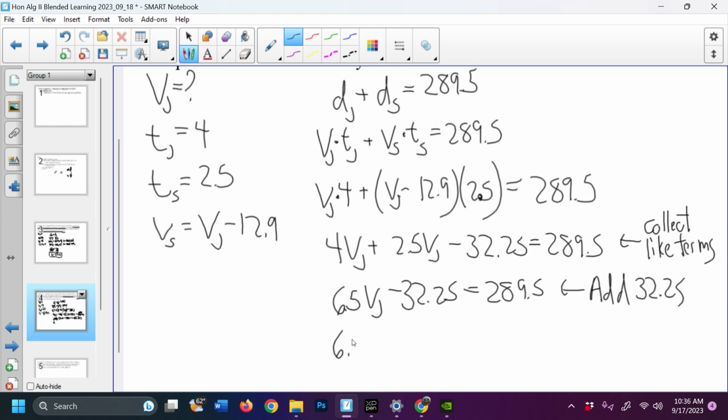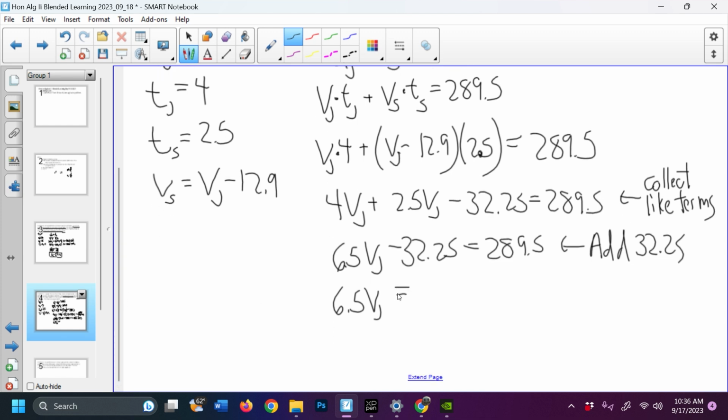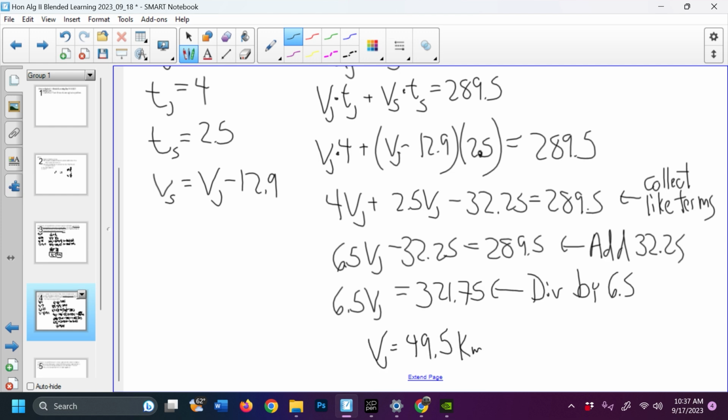That'll give me 6.5 times the velocity of Jimmy, which is what I'm looking for, is equal to 321.75, and then we'll divide by 6.5. And again, I've already worked that out. So my velocity for Jimmy ends up being 49.5 kilometers per hour.